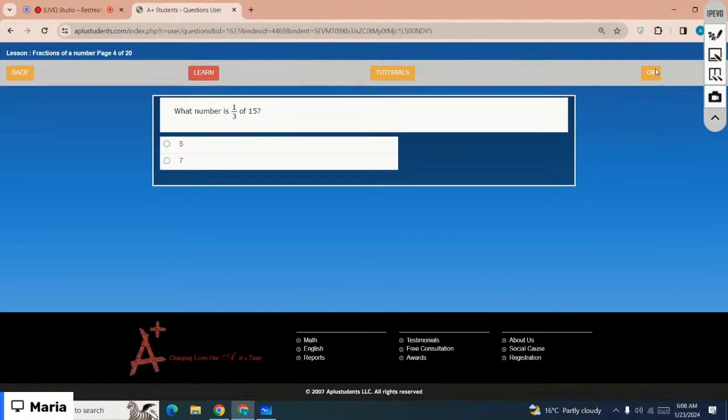What number is 1/3 of 15, which is the correct option? One third of 15 is 5.